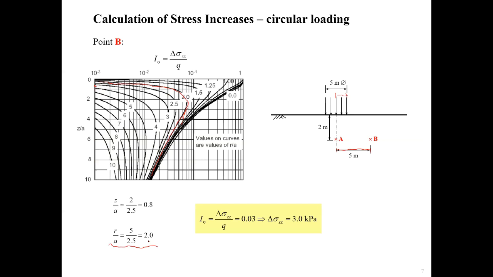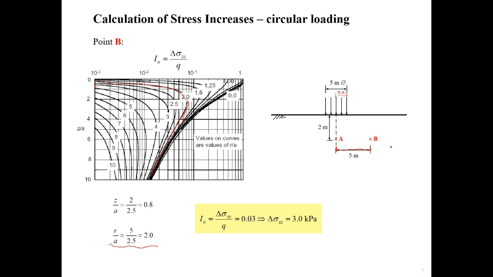R is here, and A is the radius of the circular loading, 2.5, so 5 divided by 2.5. Even if the radius is 4 meters or any other value, it's still going to be 2 in this case.